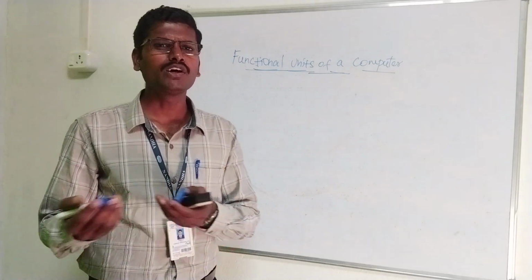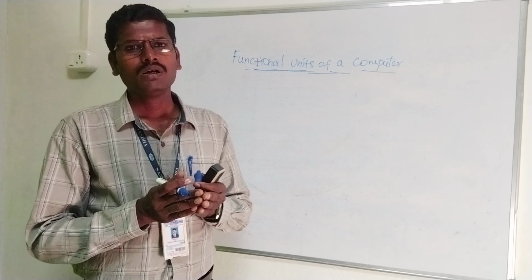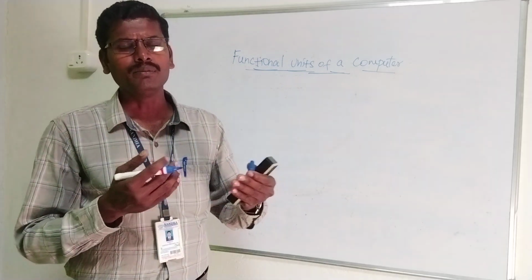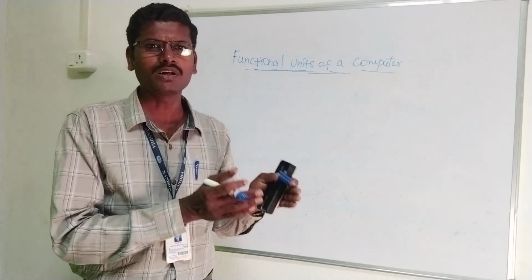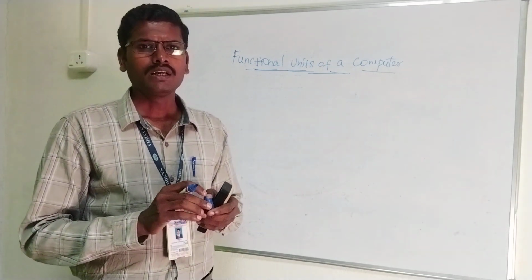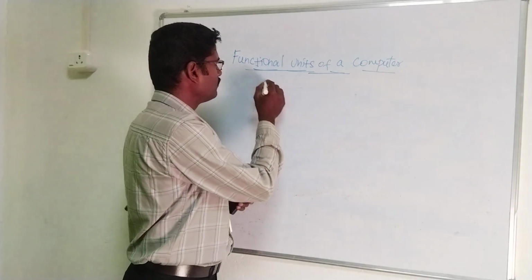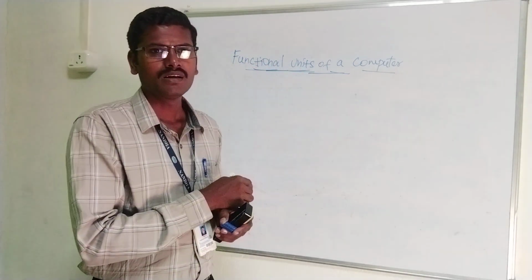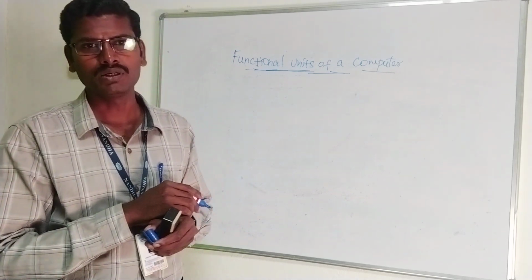So these are the many kinds of devices connected with the computer, right? This basic connection between the different components along with the processor of a computer is commonly named as functional units or basic building blocks of a computer, right?